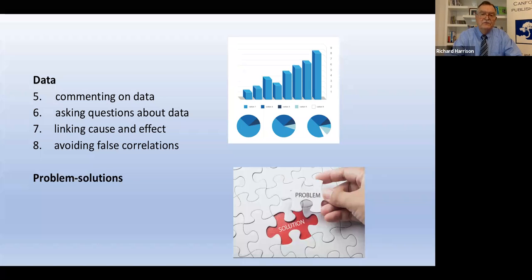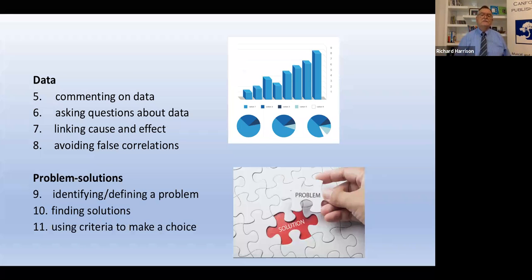Now then, going on to problem solutions, identifying and defining a problem, finding solutions to the problem, using criteria to make a choice. So, for example, if the problem was that you needed to replace your car, you might come up with a list of criteria for how you're going to decide on a new car.